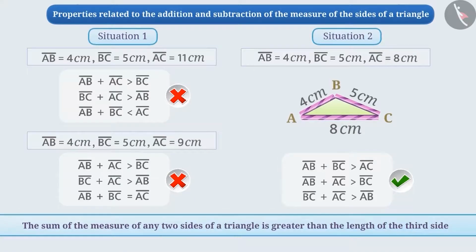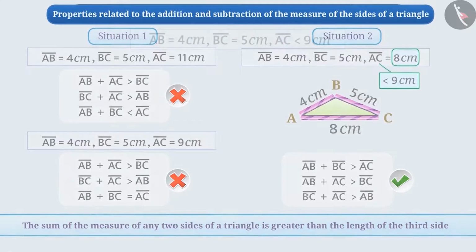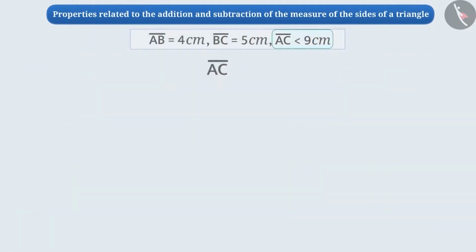On the basis of this property, we found out that in a triangle ABC, when AB is equal to 4 cm and BC is equal to 5 cm, then the length of AC will be less than 9 cm. But can the measure of AC be less than 9 cm? Let's find out.